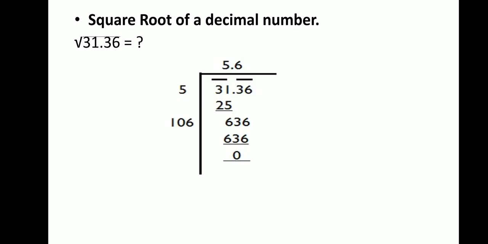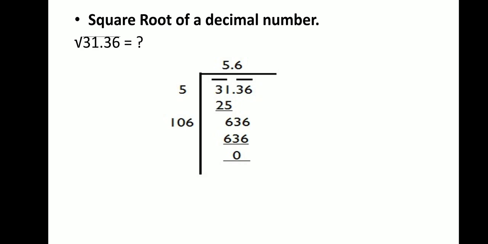starting from the decimal point. Put bars on the pairs of integers from right to left, as usual, and on the decimal part from left to right. Like 36, we will be placing the bars on the integers from right to left, as usual, and on the decimal part from left to right.